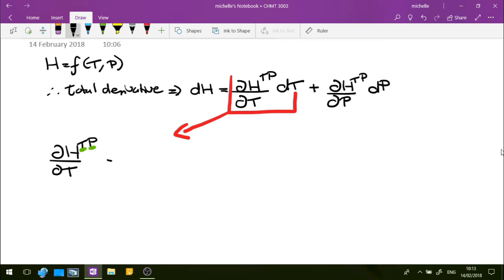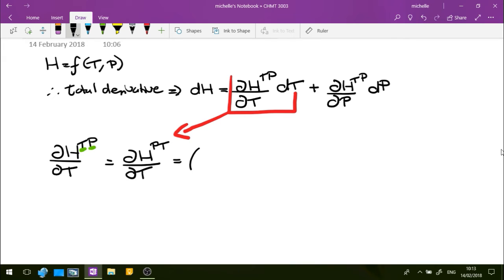So this is also equal to the partial derivative of h with respect to the partial derivative of T, subscript P. It doesn't really matter the order. As long as you can read the notation: I have P here, that means if T is here, it means this h is a function of T and P was kept constant.